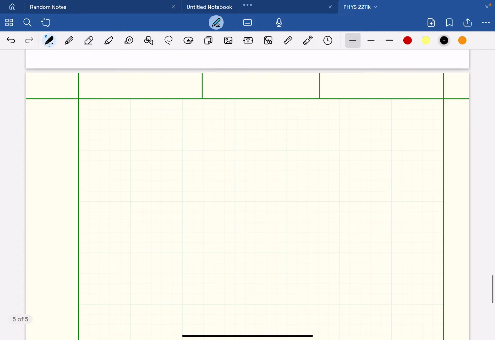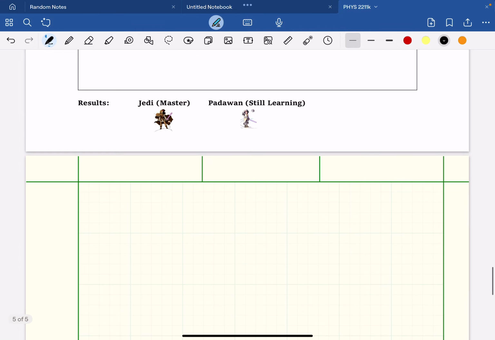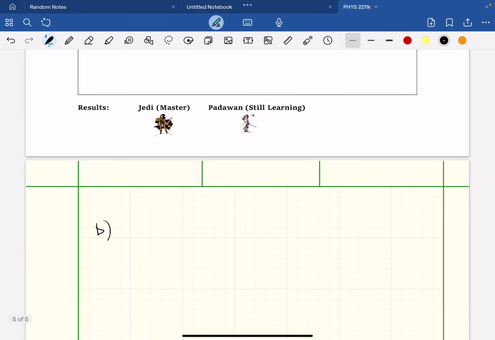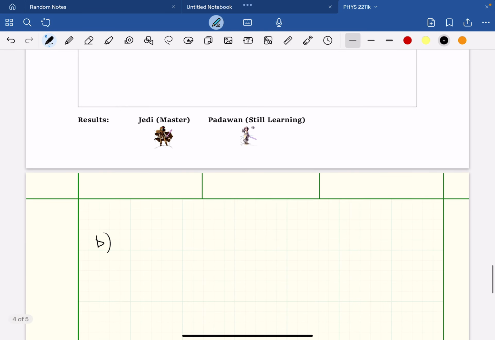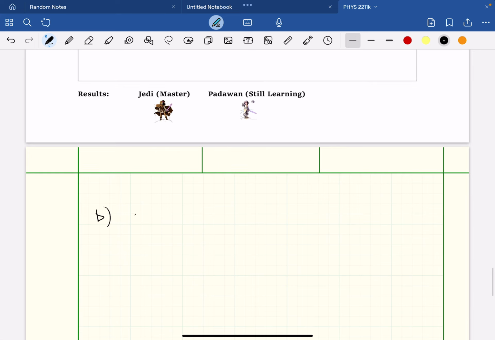So I flip over to the back of the paper, and for part B, we want to find the acceleration at a particular moment in time. So the definition of acceleration says that the acceleration is equal to the derivative of the velocity function.